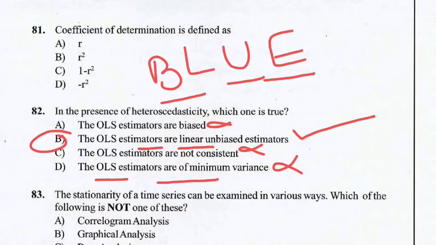So in this case, the OLS estimators are not of minimum variance. So correct option should be OLS estimators are linear unbiased estimators in the presence of heteroscedasticity.